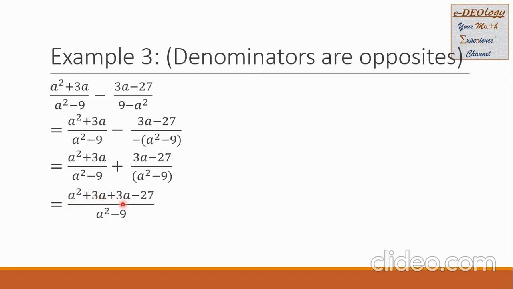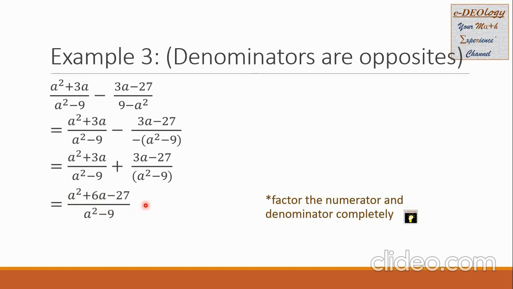This 3a plus 3a can be simplified into 6a. And from here, factor the numerator and denominator completely. The numerator becomes a minus 3 times a plus 9. The denominator, the factors now are a minus 3 and a plus 3.